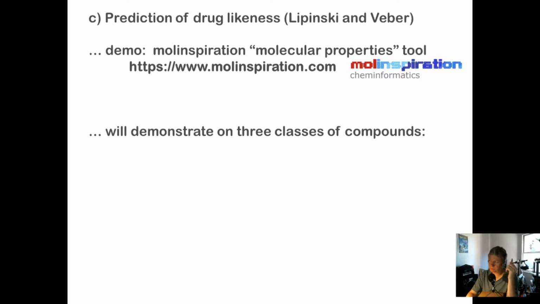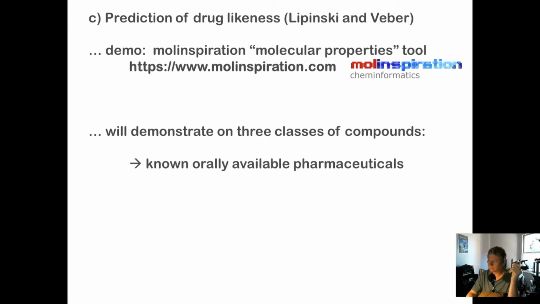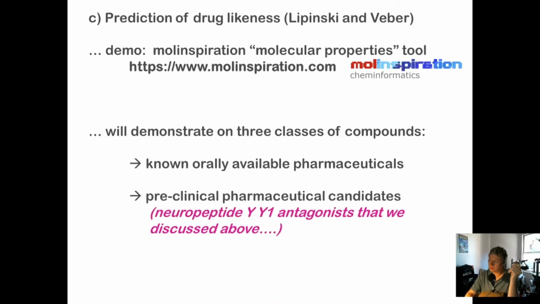Okay, so what we're going to do is demonstrate 3 classes of compounds in this little demo. Known orally available pharmaceuticals, so things that are predicted to probably be compliant with Lipinski rules and Weber rules. Preclinical pharmaceutical candidates, neuropeptide Y1 antagonists.